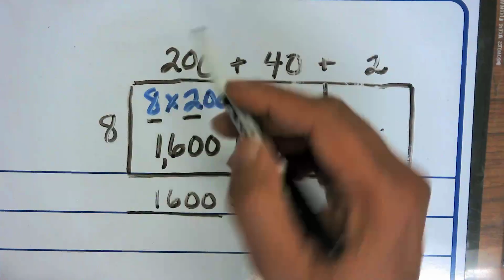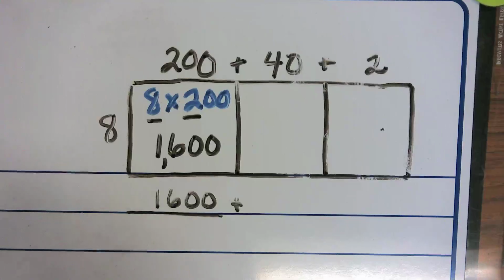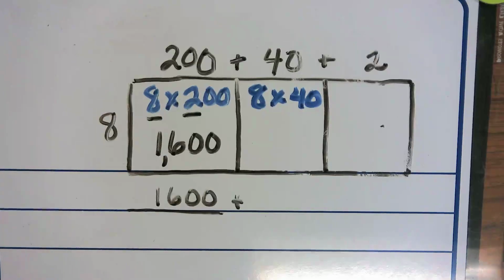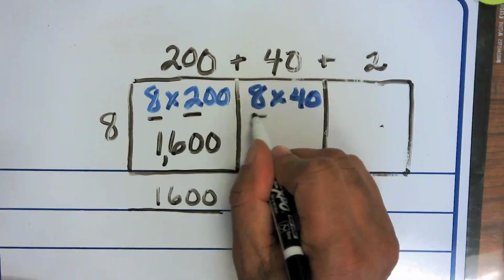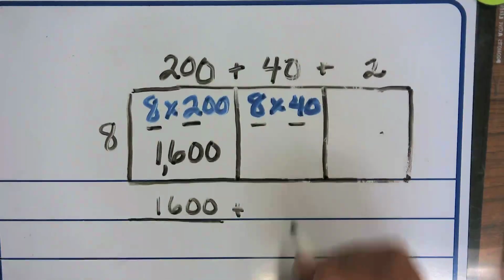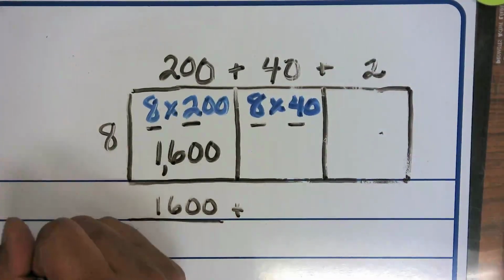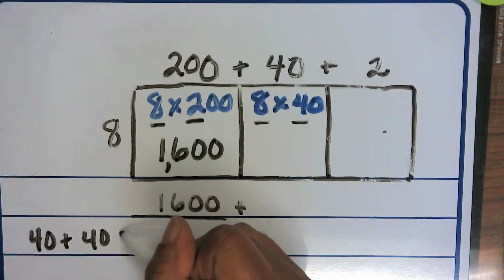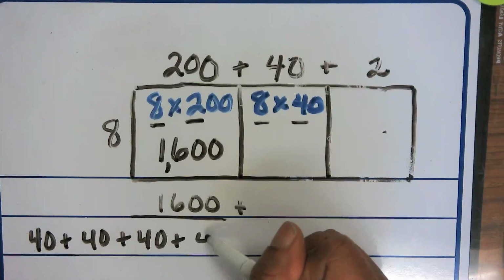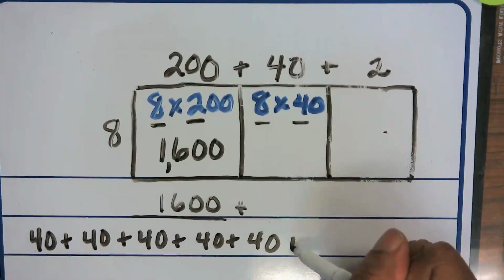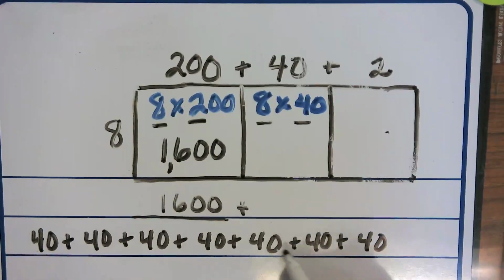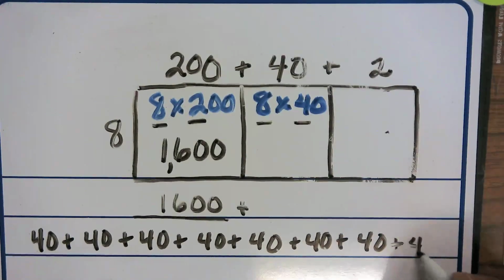Now, 8 times 4 tens, or 40. If you don't know what 8 times 4 is, you can simply say 40, 8 times. Do I want to really do this? 40 plus 40 plus 40 plus 40 plus 40 plus 40 plus 40, that's 1, 2, 3, 4, 5, 6, 7, 8 times.